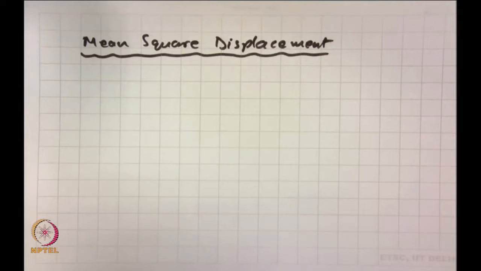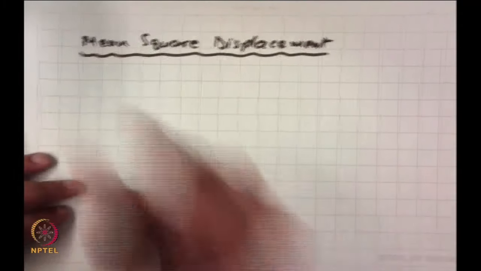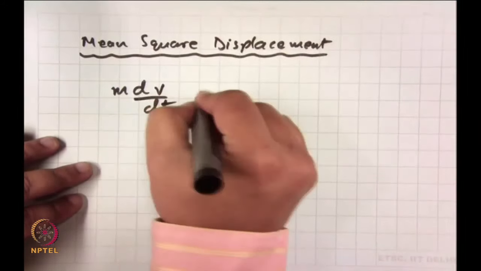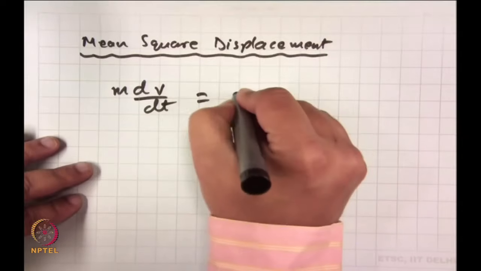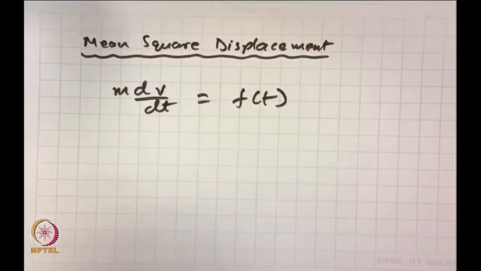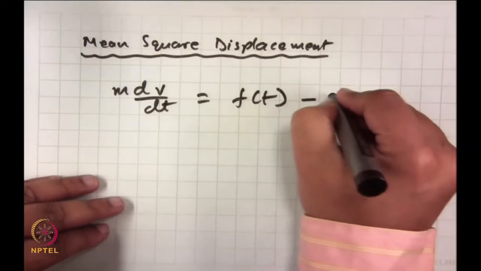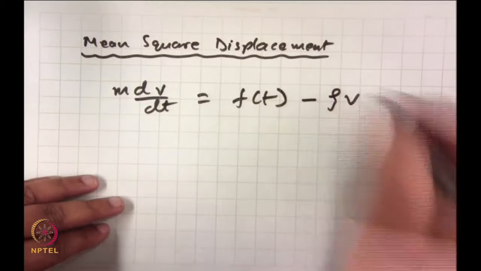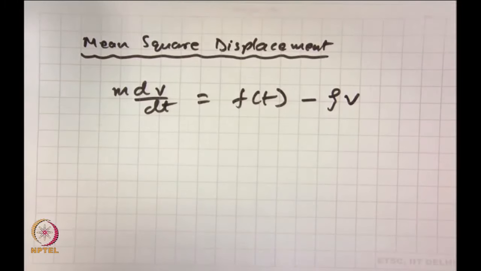So, to look at the mean square displacement from the Langevin equation, obviously we have to start with the Langevin equation. The Langevin equation was m dv by dt is equal to a function f of t, then another function, minus xi times v.